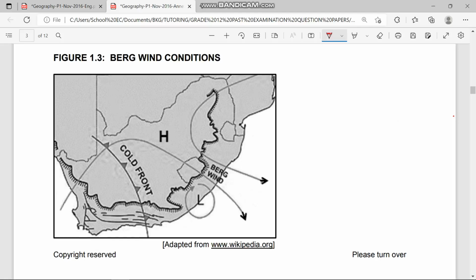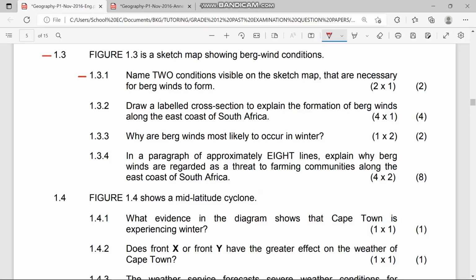If you revisit what I said, analyze your figures and annexures before answering, because our answers are the things that we have analyzed.